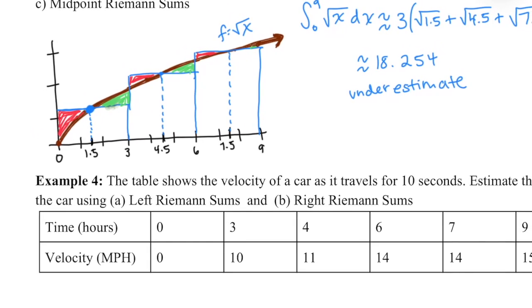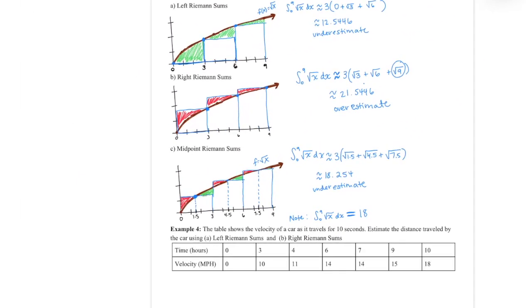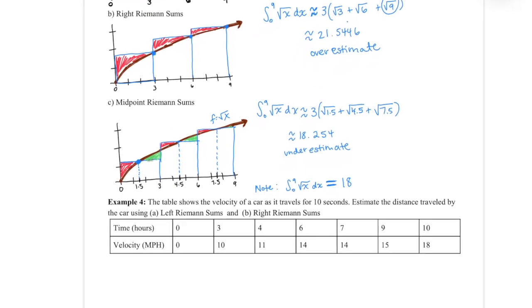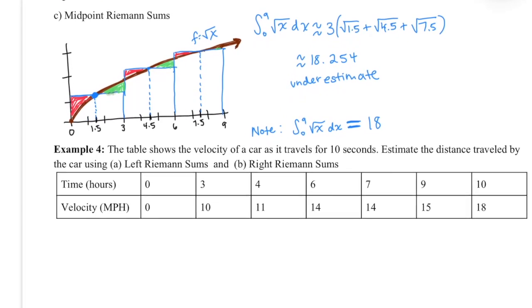And just for your own, a little note, the actual value, so the integral from 0 to 9 of the square root of x dx is actually equal to, I don't have to use the approximation symbol, it's equal to 18. So you can see how our guesses went. The underestimate was 12.5, overestimate was 21.5, and then the midpoint, which was pretty close.